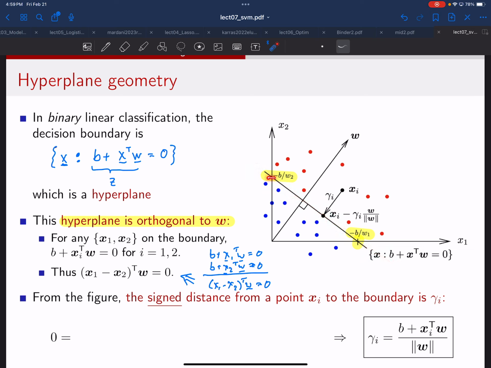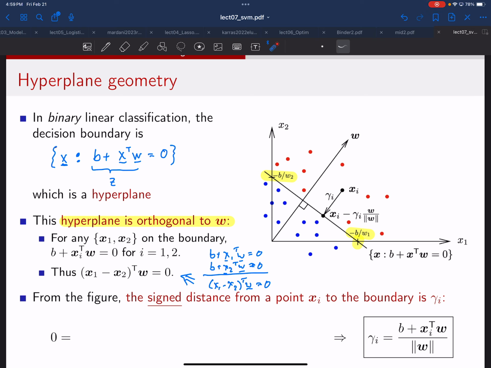You look at the intercepts of the boundary and the coordinate axes. When you look at the x2 coordinate axis, the intercept must be minus b over w2. When you look at the x1 coordinate axis, the intercept must be minus b over w1.